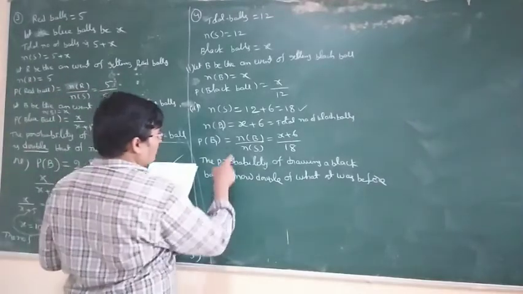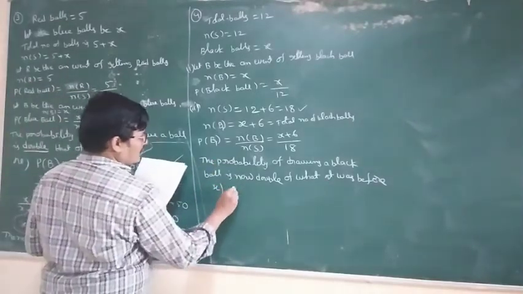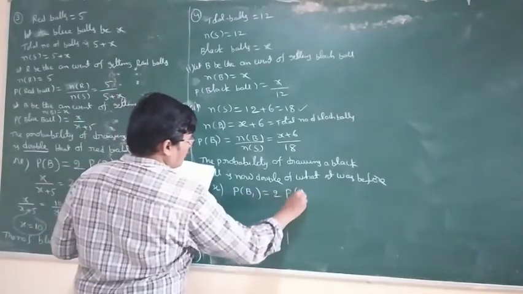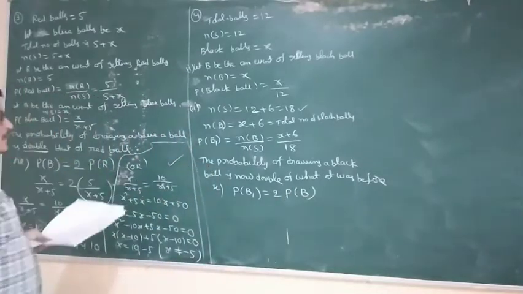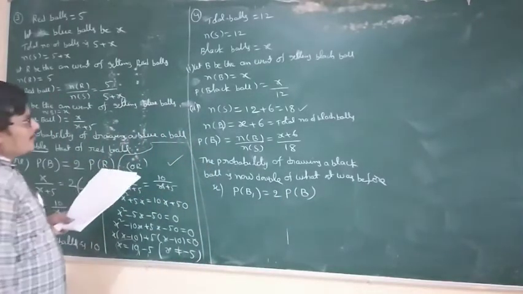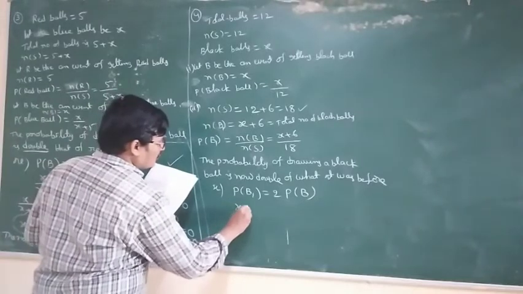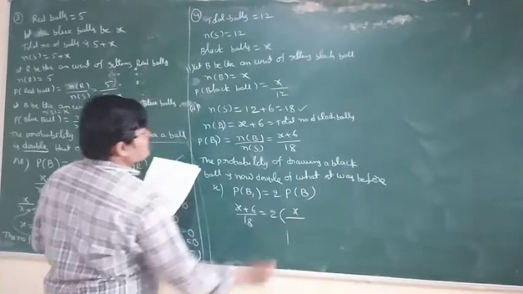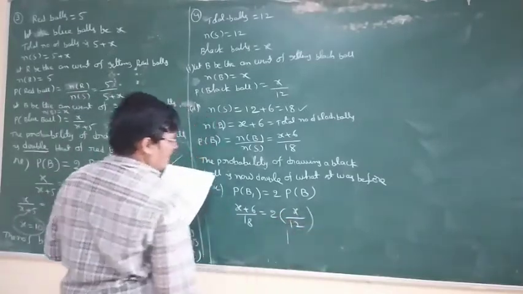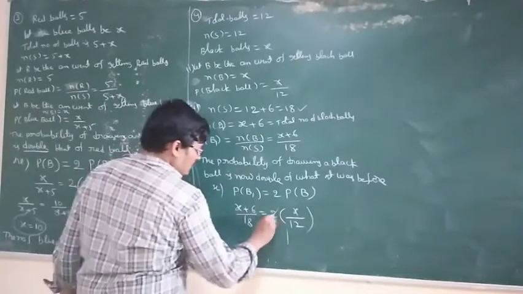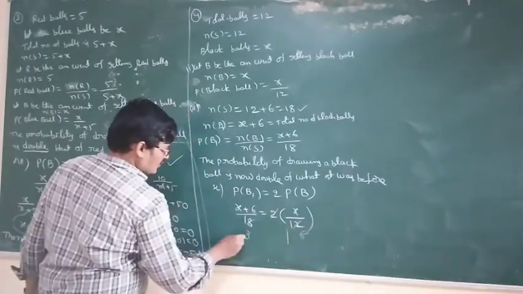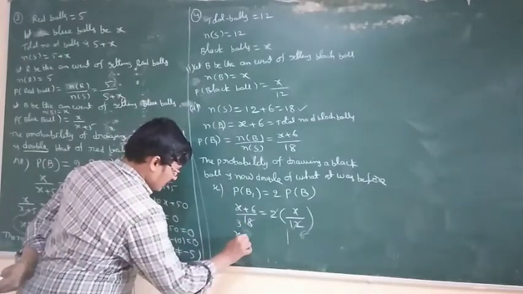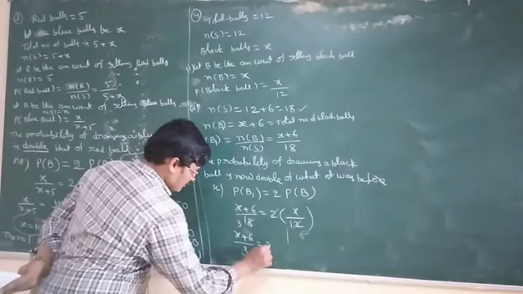So the probability of B1 is equal to double the probability of B. So P of B1 is equal to x plus 6 by 18, which is equal to 2 into x by 12. 2 ones are 2, 6 ones are 6, 6 threes are 18. So x plus 6 by 3 is equal to x.